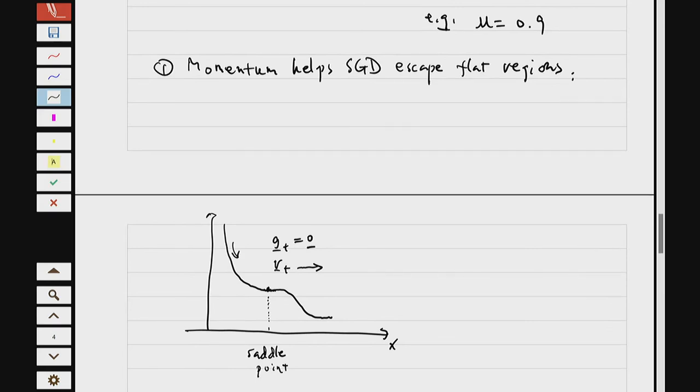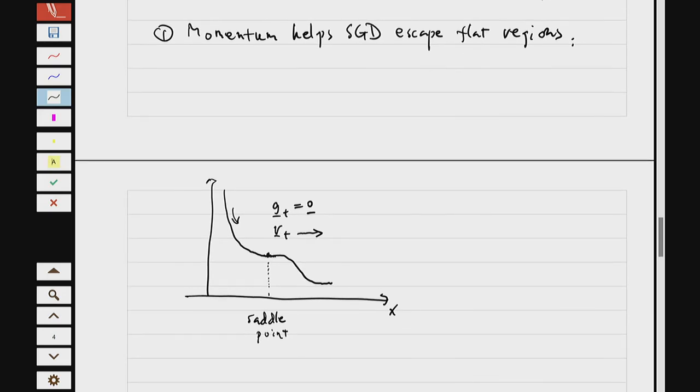In fact, this one is so effective that it can not only help you get around saddle points, it can also allow you to get around shallow local minima, to go out of a shallow dip. So another example is that you might have a little dip here, not too heavy. If too heavy, then maybe it does not help.